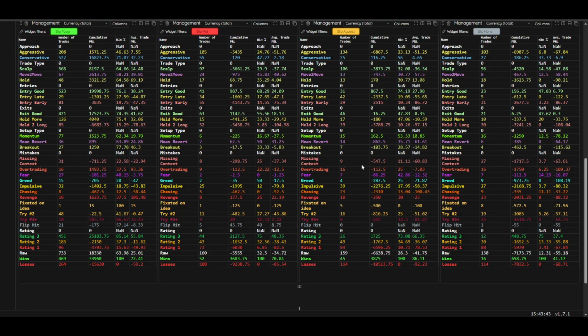Yeah, I'm going long against the reclaim here. Short against the reclaim. This must be a bigger trade. Long, my entry against a reclaim. Against a reclaim.